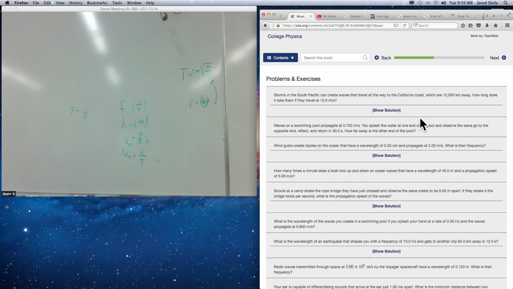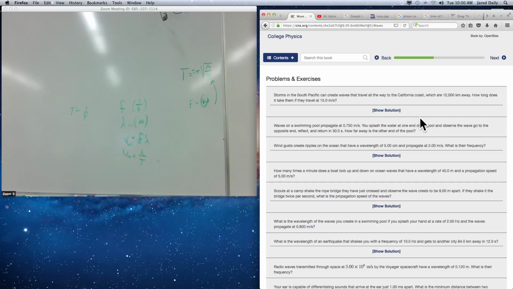If you do the same thing for light, the frequency of microwaves is in the gigahertz range, in the billions of hertz, so you got a billion for your frequency. And the wavelength for a microwave is in centimeters, but for a gigahertz, it's about a 10 centimeter wavelength.